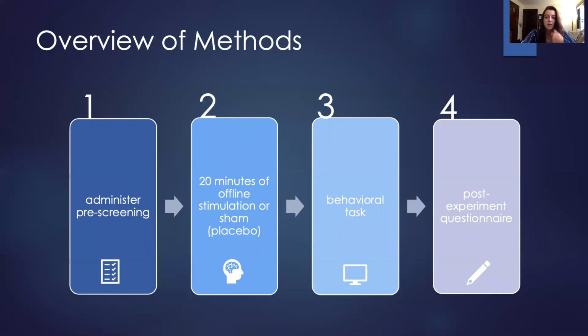Next, they received 20 minutes of offline stimulation or sham, with offline meaning that the entire duration of stimulation was completed before moving on to the behavioral task, and sham being the placebo or control condition in which participants believed they were going to receive stimulation when in fact no current was administered. Third, they completed the behavioral task, which I'll talk about next. And finally, they completed a post-experiment questionnaire so we could learn more about their experience in the study.